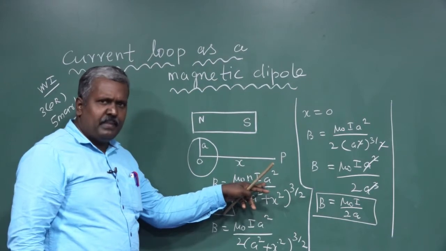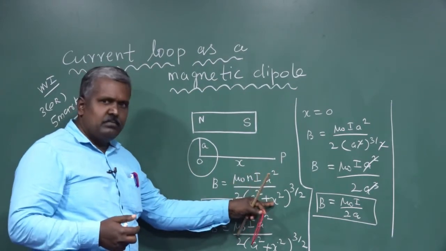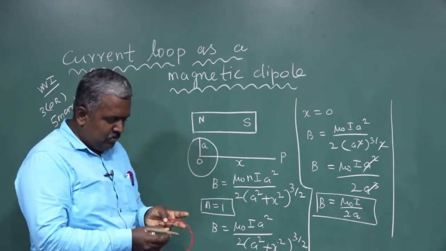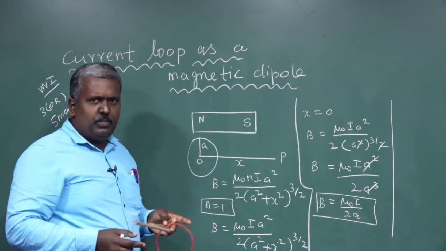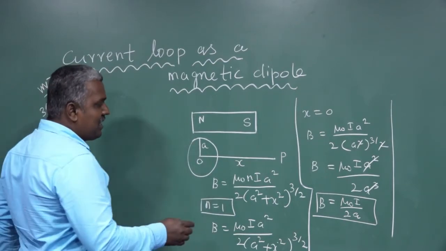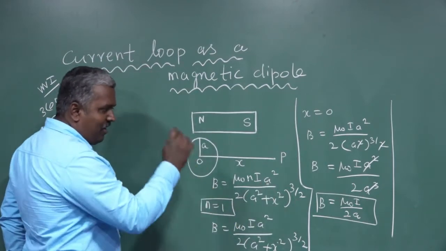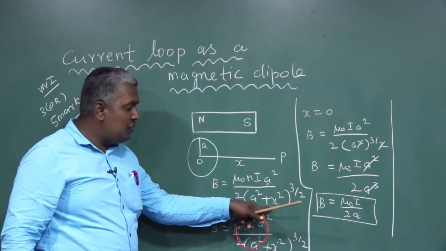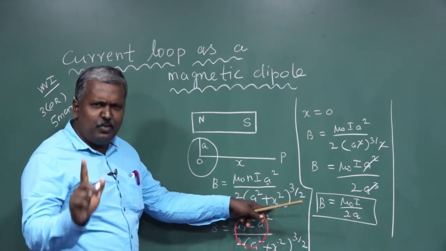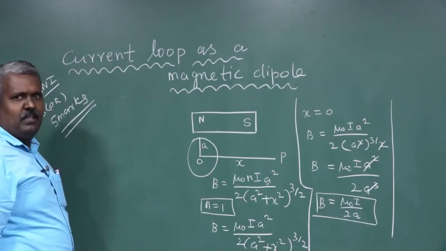Already told you. Radius of the loop, I am correct or not? Distance of the point P from the center of the loop. So, instead of A, you must put R. Instead of X, you use Z according to new textbook. Okay, so come on, listen.